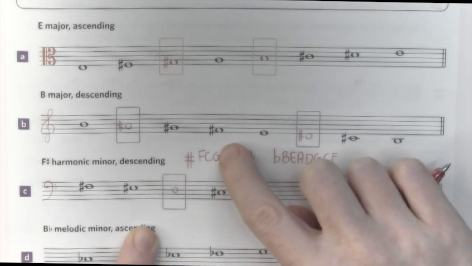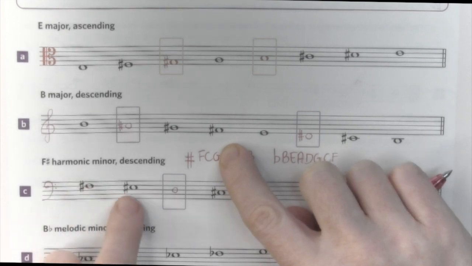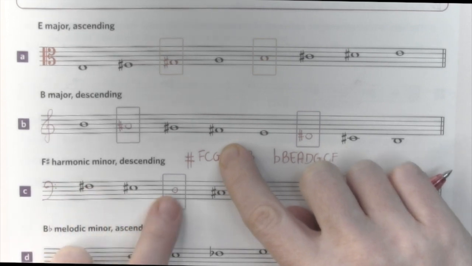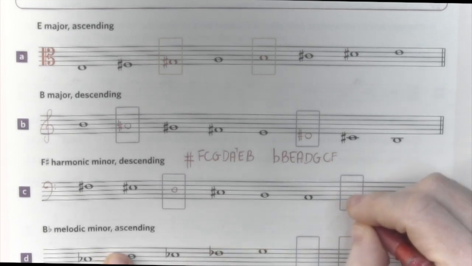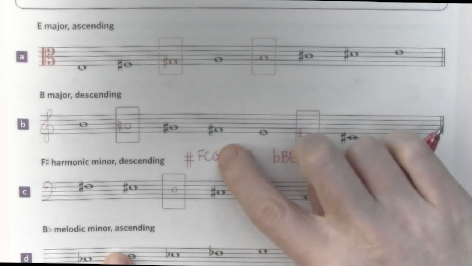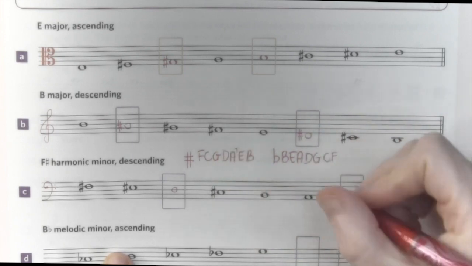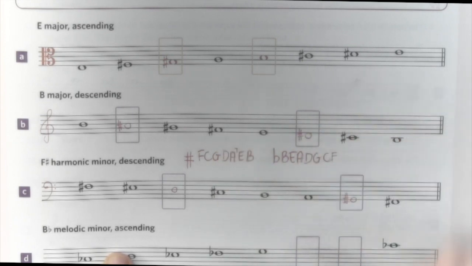Nope. Also, in the harmonic scale, we need to have an augmented second, and between Mi sharp and Re, there is an augmented second. Do, Si, La, Sol. Is this Sol sharp? Oh yes, we have 3 sharps in the key signature, so yes, it is. Perfect.